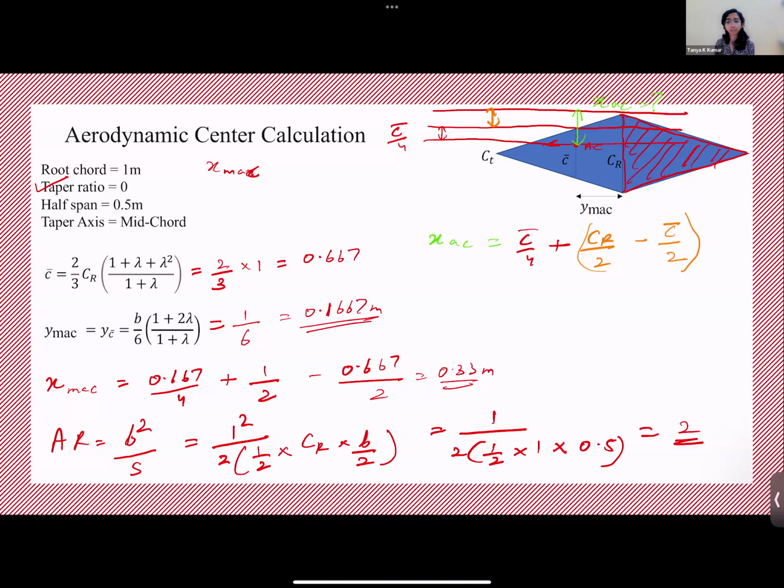So aspect ratio is 2. Correct? Is this calculation of the aerodynamic center and the aspect ratio clear to everyone? We'll try doing another question now, but is this clear?